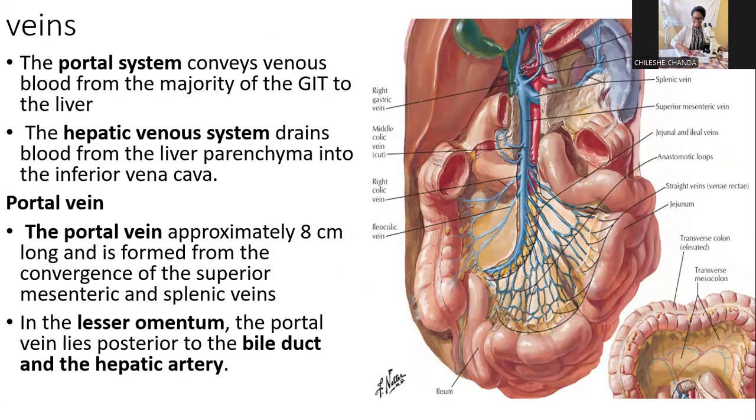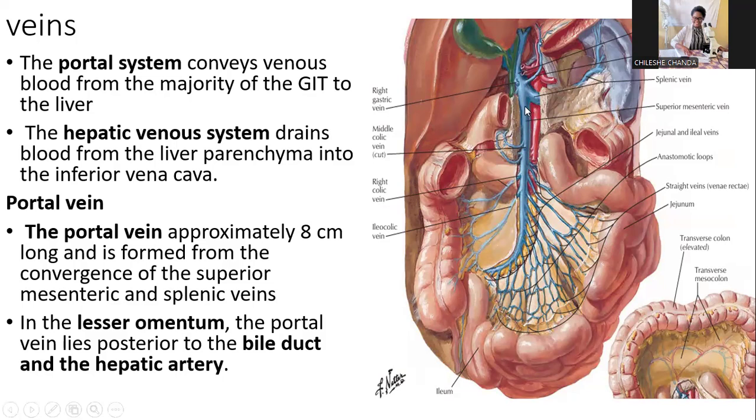So we have a lot of veins coming from the small intestines and part of the large intestines, and as they ascend, they form this large blood vessel known as the superior mesenteric vein.